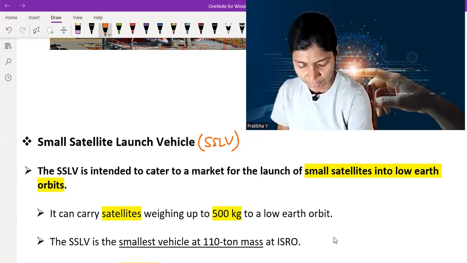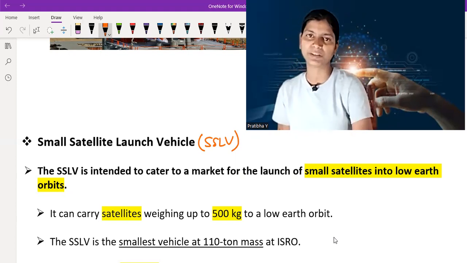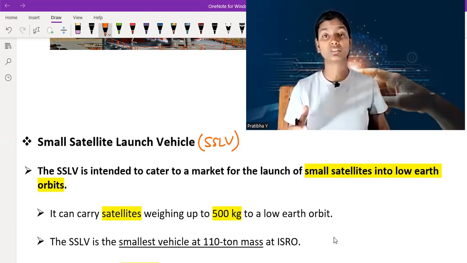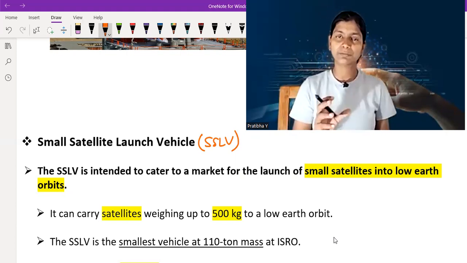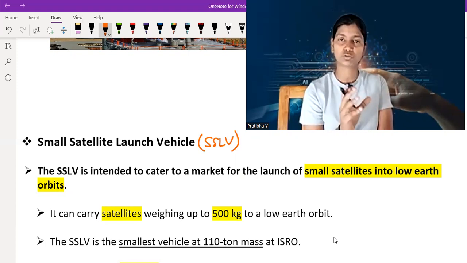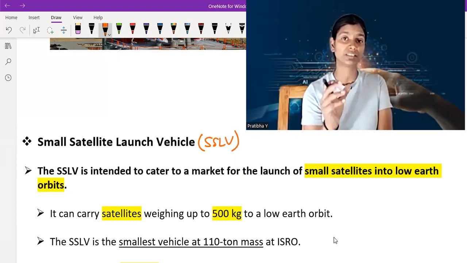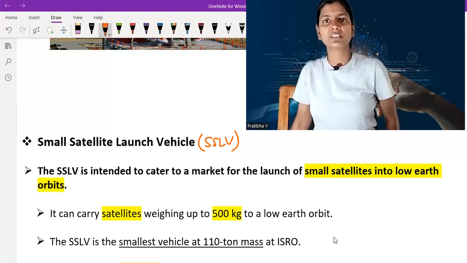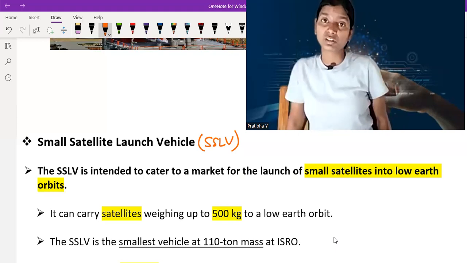Because if we launch only one small satellite with the help of PSLV, its cost increases. But if we use SSLV, which is designed for launching small satellites, we get rid of the burden of launching a small satellite with PSLV.